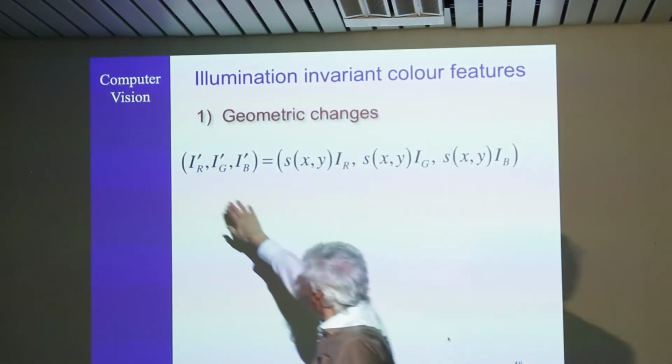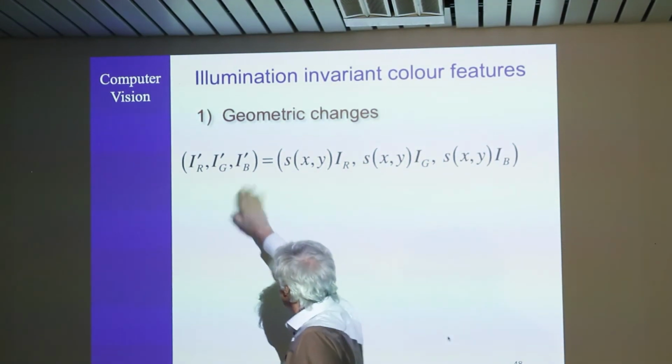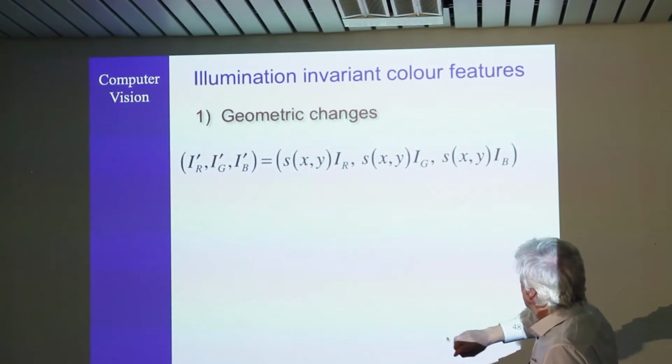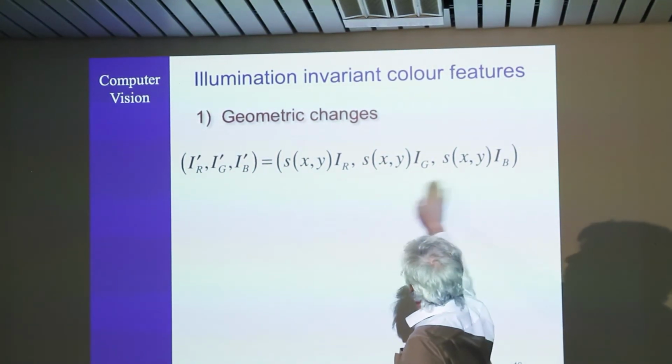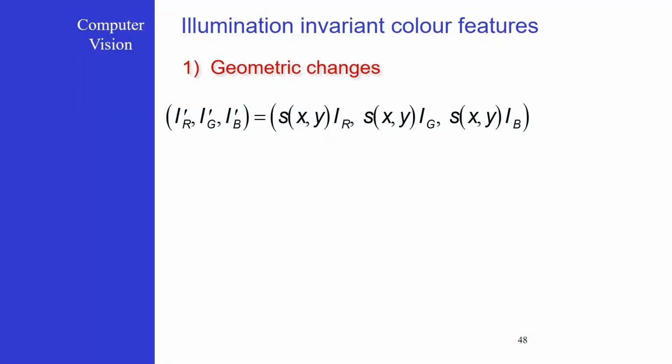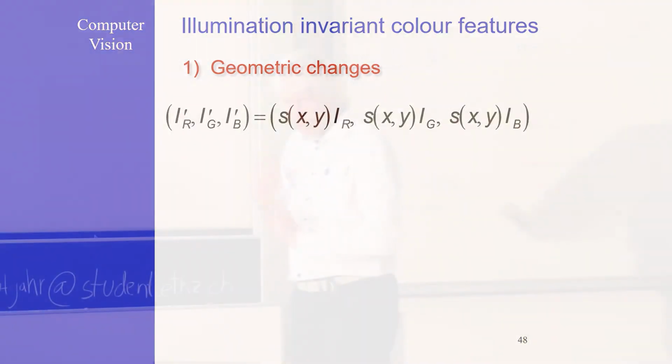So the new RGB values, the responses for the three colors, are the old, but multiplied with this factor, which could be smaller than 1 or larger than 1, but it's the same for the three bands. That's the important thing here.